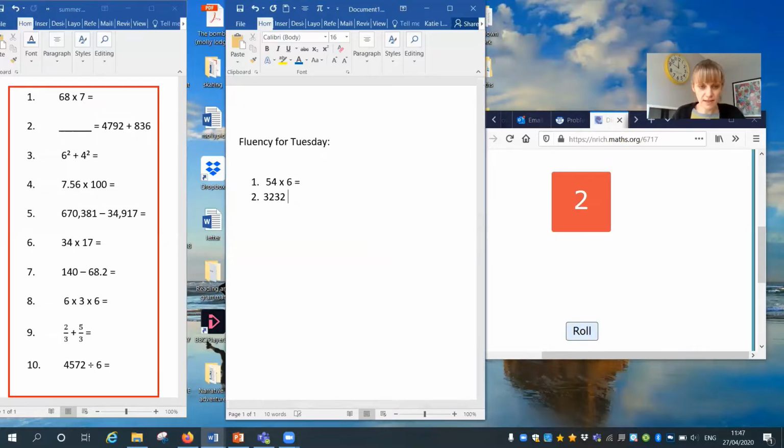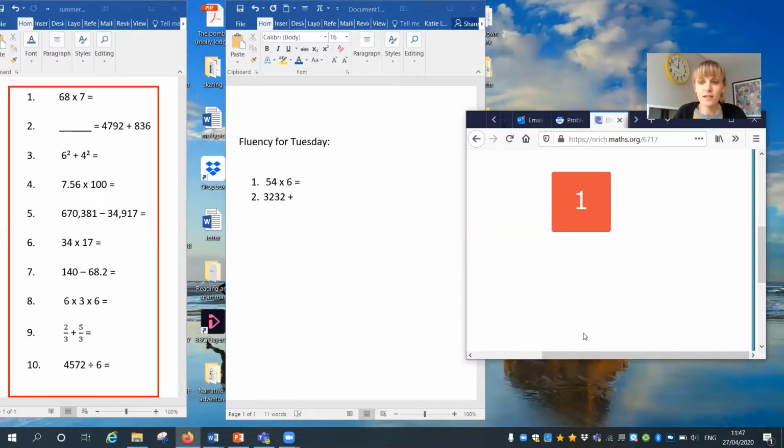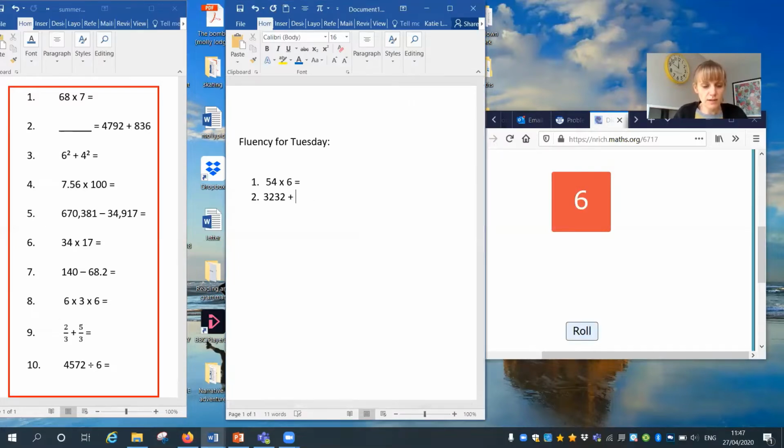That's funny, 3,232. Now we were adding over here a 3-digit number, so we're going to use the dice again to generate another 3-digit number. So we've got a 6, and we've got a 4, and then we've got a 3. So there we go. Question number 2, 3,232 add 643.